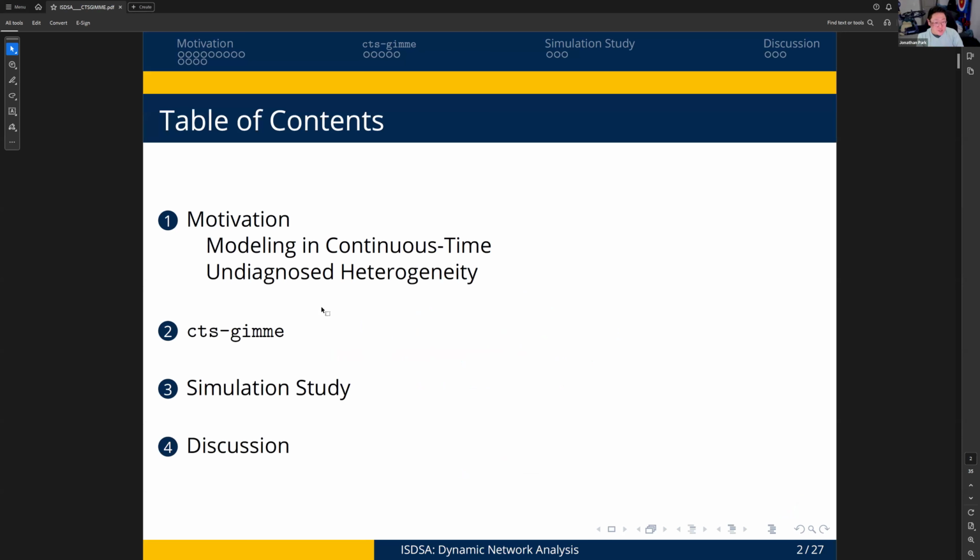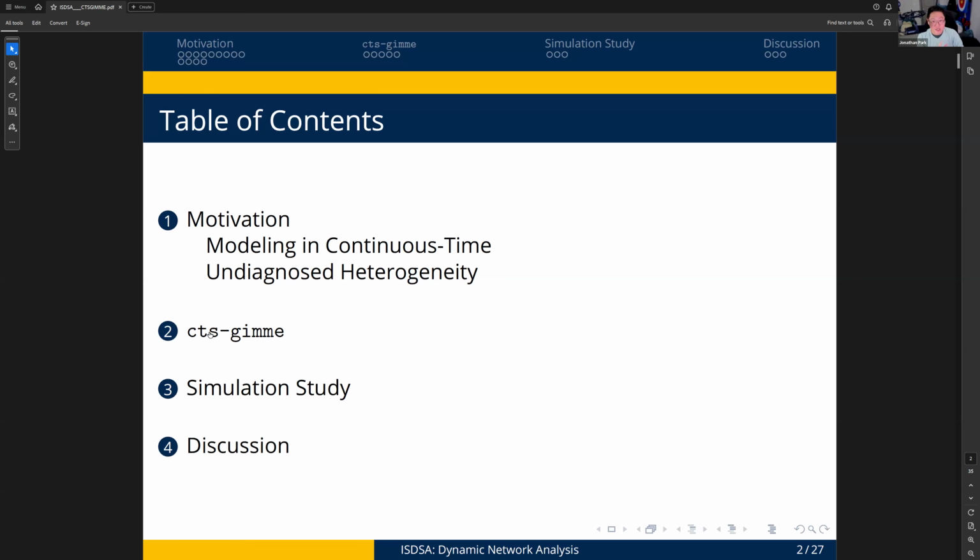So just to orient us in terms of what we'll be talking about, I'm going to be talking about modeling in continuous time. Luckily, Sy-Miin has done a fantastic job setting the groundwork for that. And then I'll talk about this idea of undiagnosed heterogeneity and why it becomes more of an issue when you model this stuff in the discrete time framework, and potentially less of an issue when you model it in the continuous time framework.